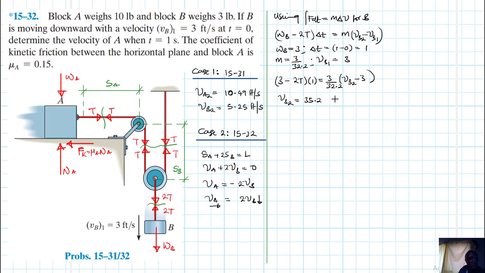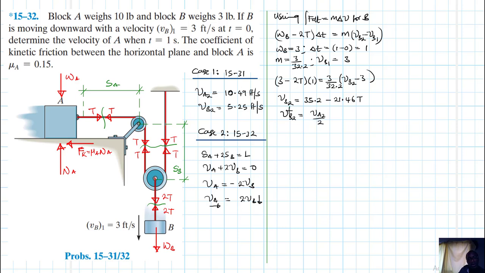When we divide through there, it becomes 21.46 T. Then we know that VB2 is just equal to VA2 divided by 2.